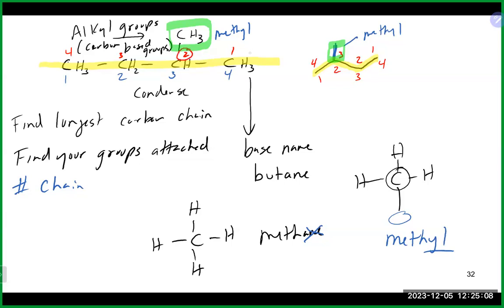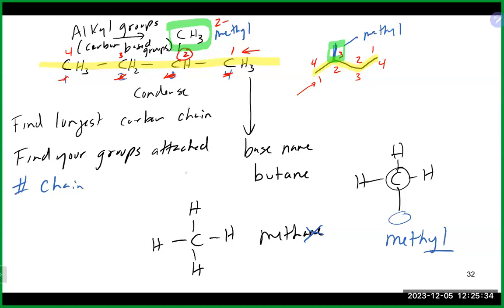And so we would want to number the chain in this direction. And in the case of my line structure, we actually want to number it in that direction, right? Which will give that methyl group a 2. And because it is a 2 there, we'll scratch out the other way here. We do have to incorporate that into our name. So this is what is known as 2-methyl.